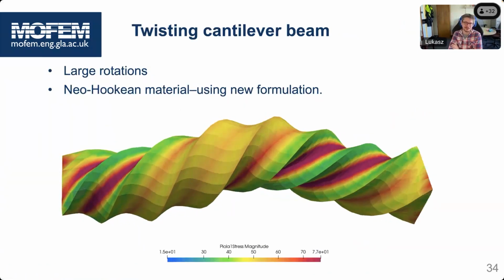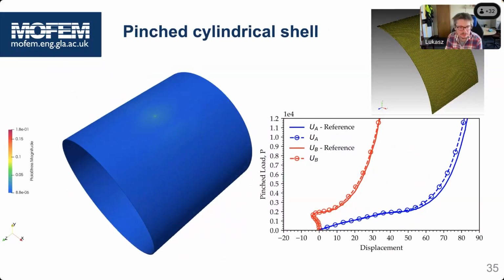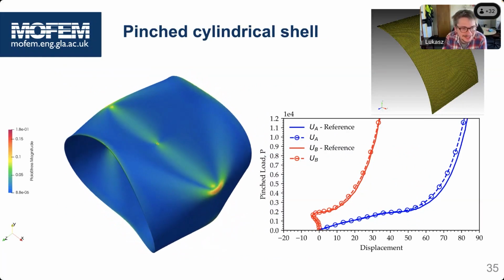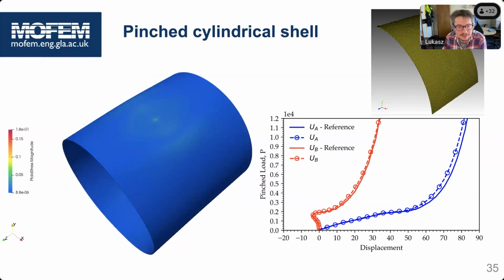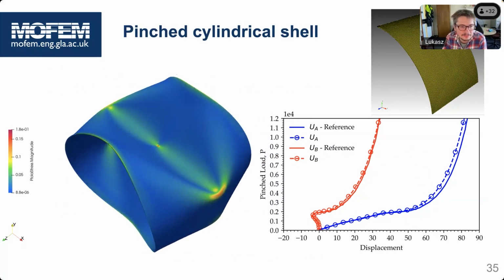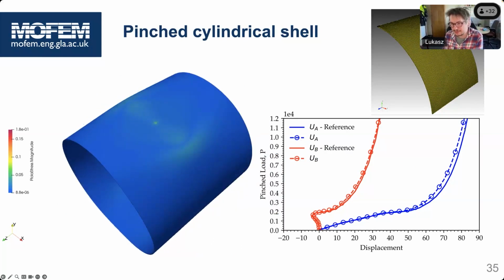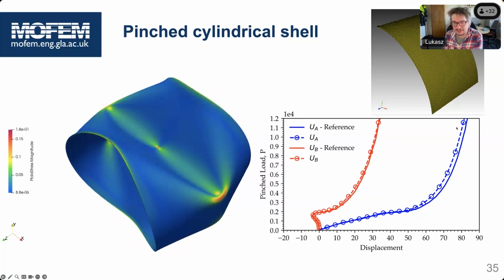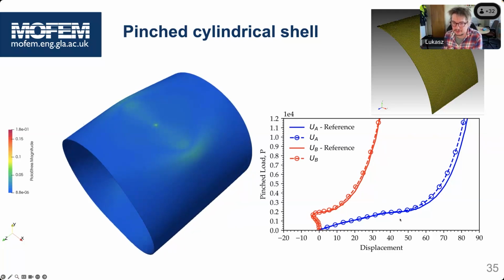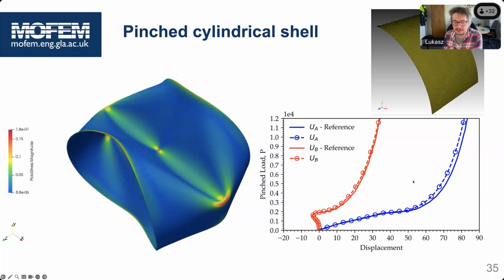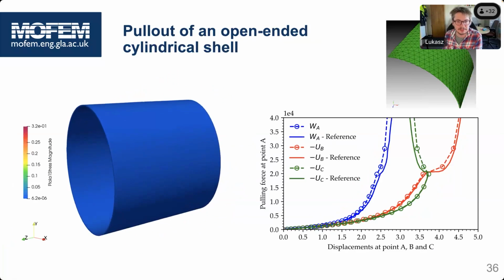You can do, of course, large rotations, and apply the method to problems like that one, which is kind of crazy because you're using solid elements to model shells. There are some differences because our element has additional stiffness associated with shear, and the reference solution is from shell theory, but there is pretty good agreement.